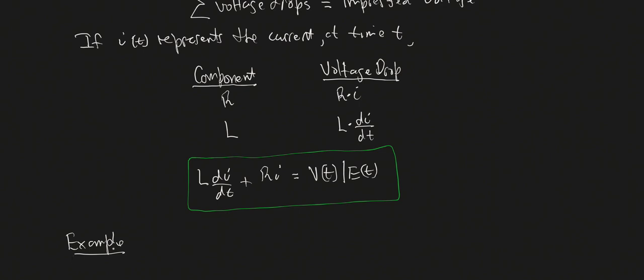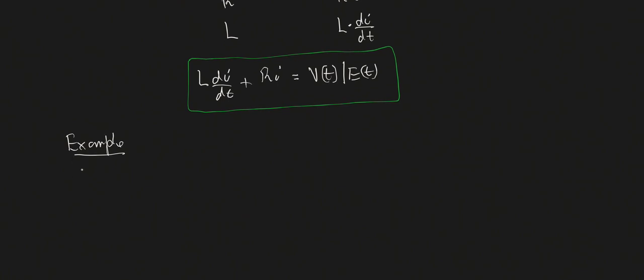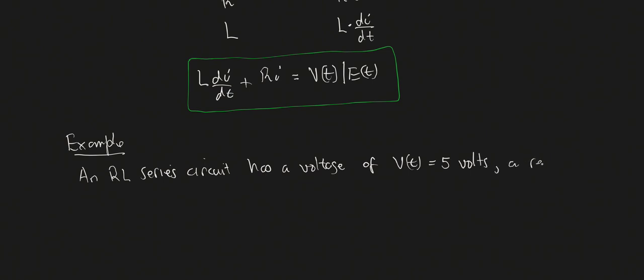Instead of drawing it, I'll just state what we have. We have an RL series circuit that has a voltage of 5 volts, a resistance of 50 ohms, so it's a lot of resistance there, and an inductance of 1 Henry.